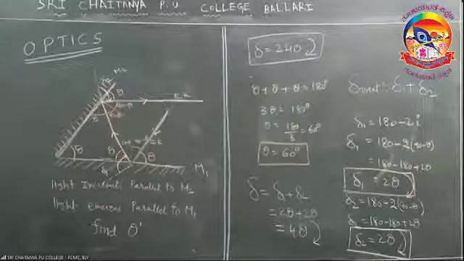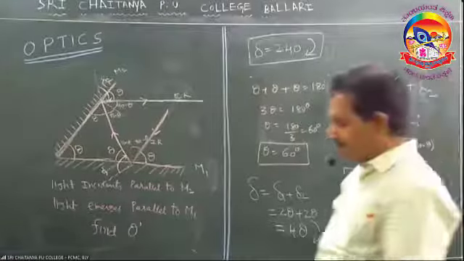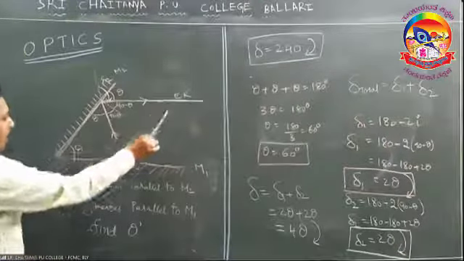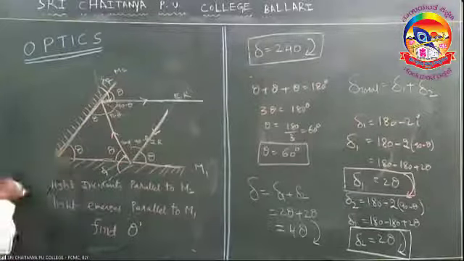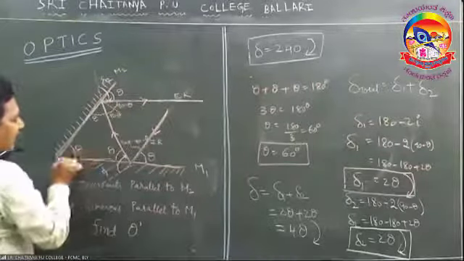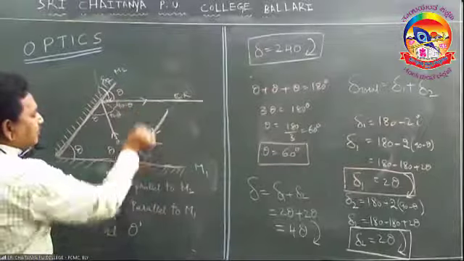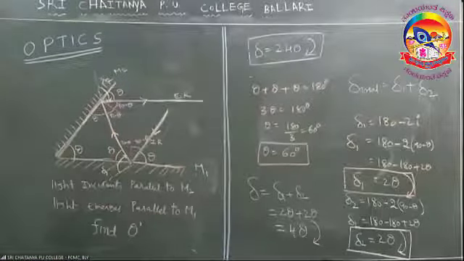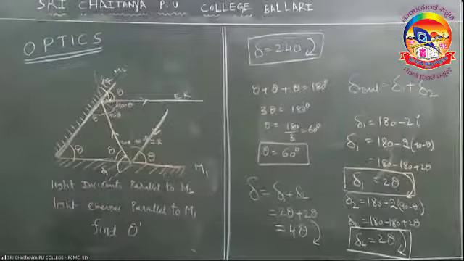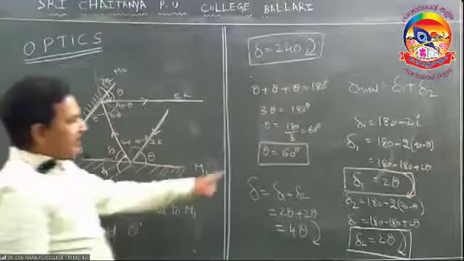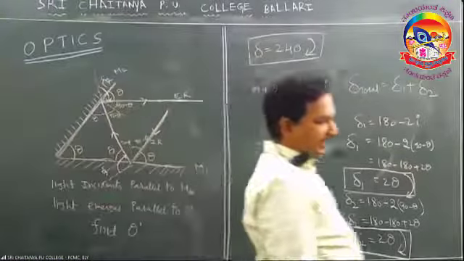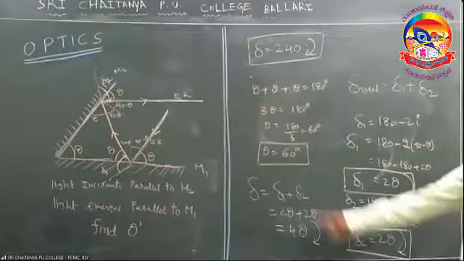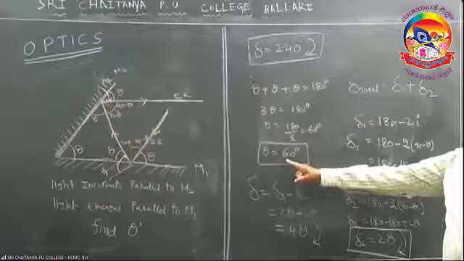Two answers. Whenever you find a problem on two inclined mirrors, where the incident ray is parallel to the first mirror and the emergent ray is parallel to the second mirror, directly we can write that the angle between the two mirrors must be 60.